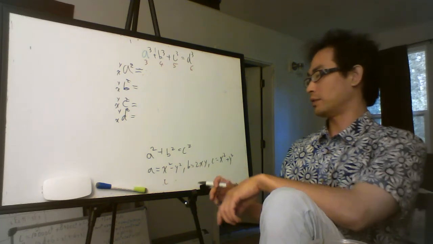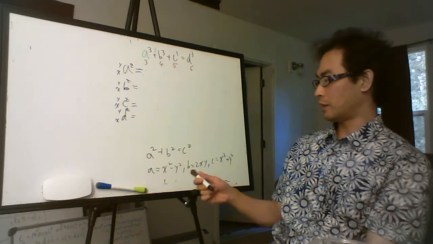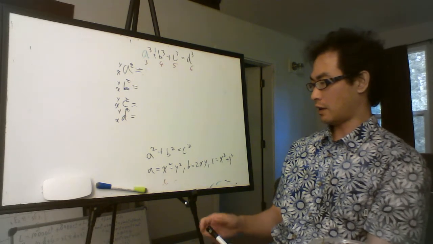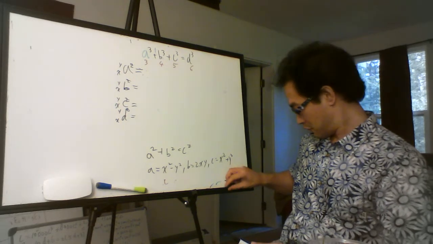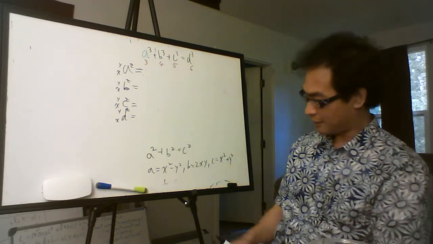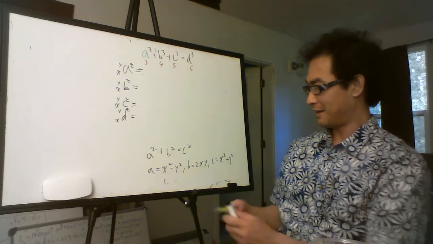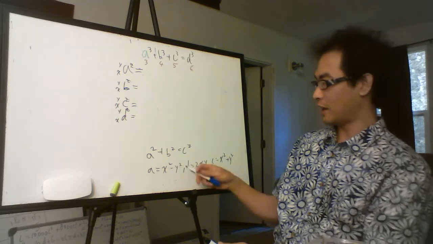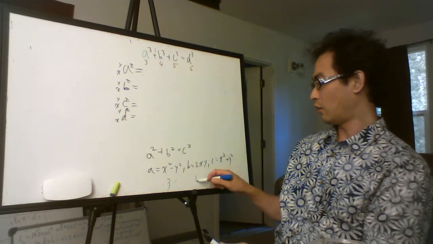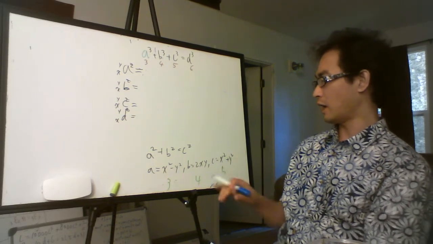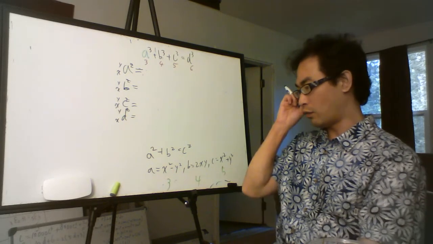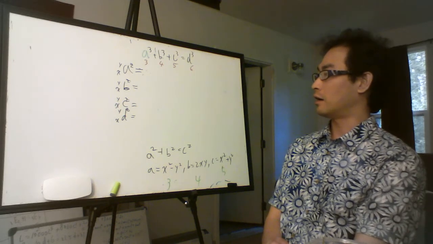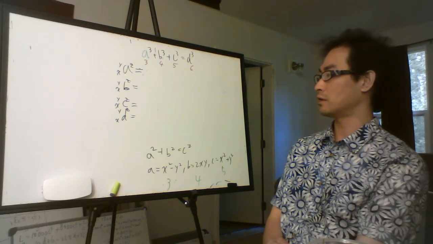I mean, for example, Euclid's example, this guy was what, 3, 4, 5, right? So yeah, x is 2, y is 1, then it works perfectly, right? We gotta try something like that here.